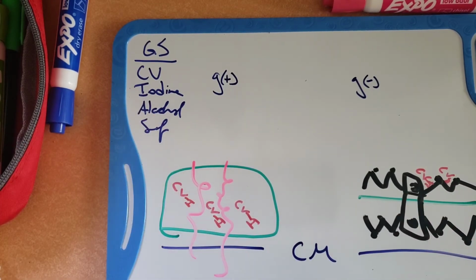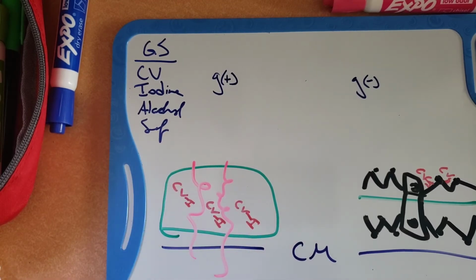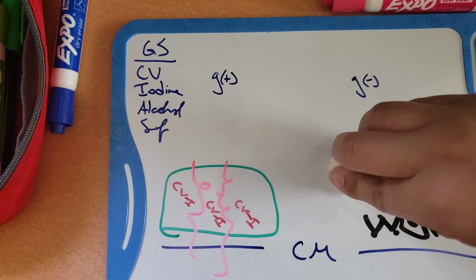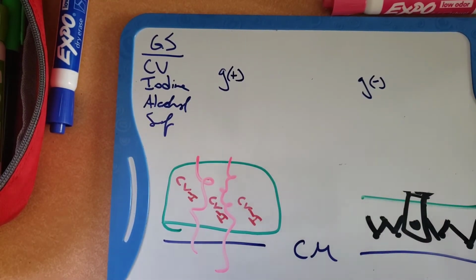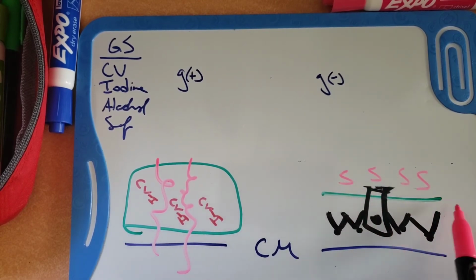So when you use the alcohol rinse, alcohol on the gram positive will not do anything, and on the gram negative, like dissolves like. And when you use the safranin, it will stain the peptidoglycan that is exposed now pink.